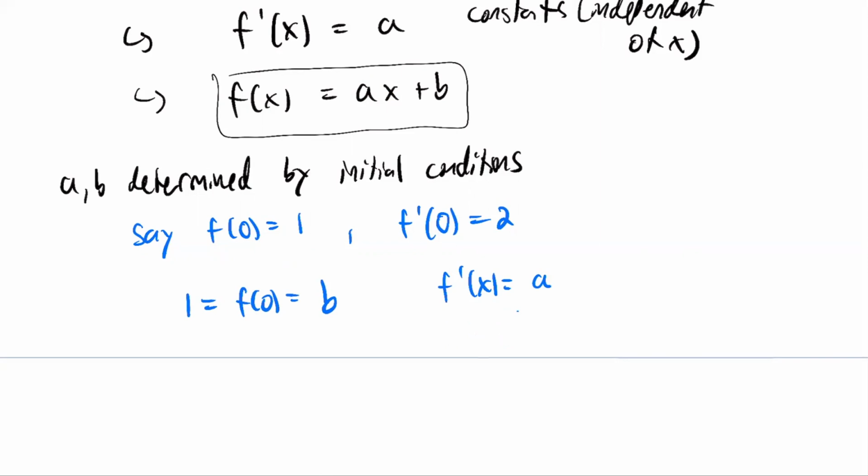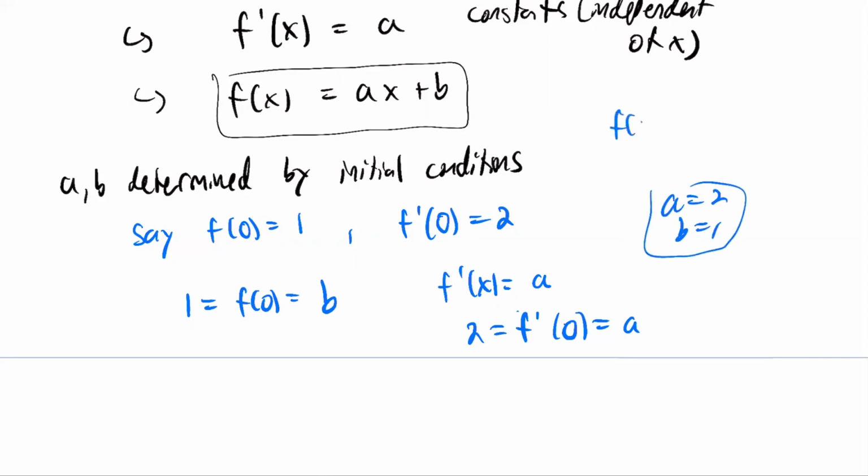If I know that 2 is equal to f prime of 0, well, f prime of 0 has to equal a from the above line. So this tells me that a equals 2 and b equals 1. For these particular initial conditions, we have the solution to our ordinary differential equation given by 2x plus 1.